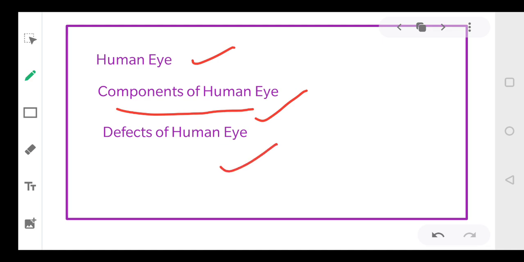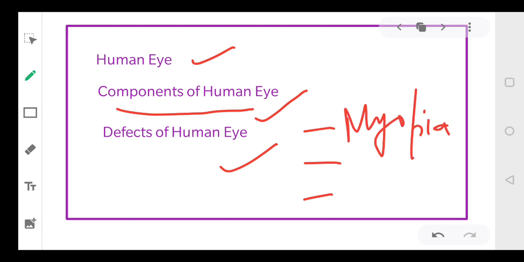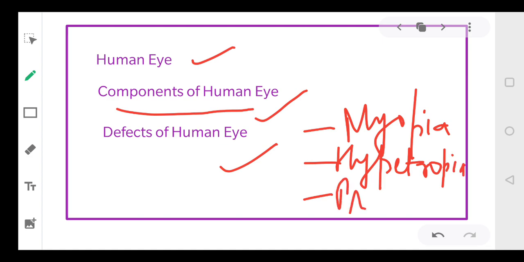And then in the last two videos, we've talked about the defects of the human eye. There are 3 defects, as I hope you remember. First is myopia. Second is hypermetropia, isn't it? And third is presbyopia.